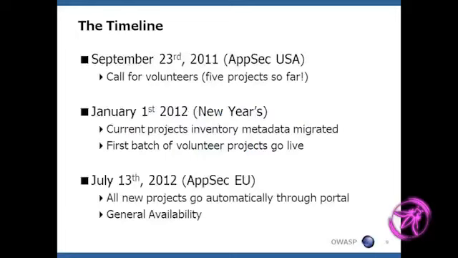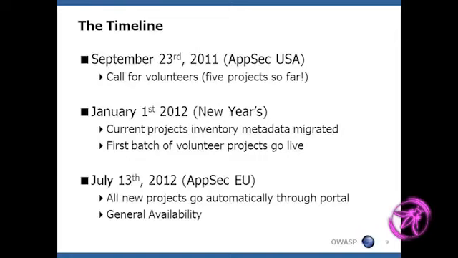This is what we're going to do now. We've got a timeline. We've got 5 projects out there. If there are any project leaders in the room that want to volunteer their project, I will happily take down your name. And we're going to just migrate them slowly. And by the new year, we're actually going to have at least all the metadata from our projects migrated to SourceForge, so you guys can start searching on that metadata.